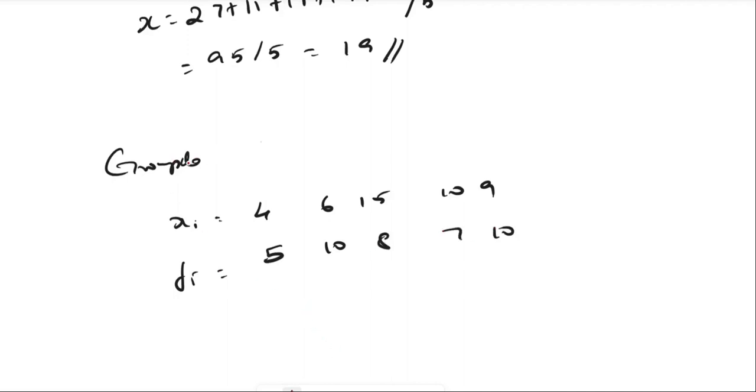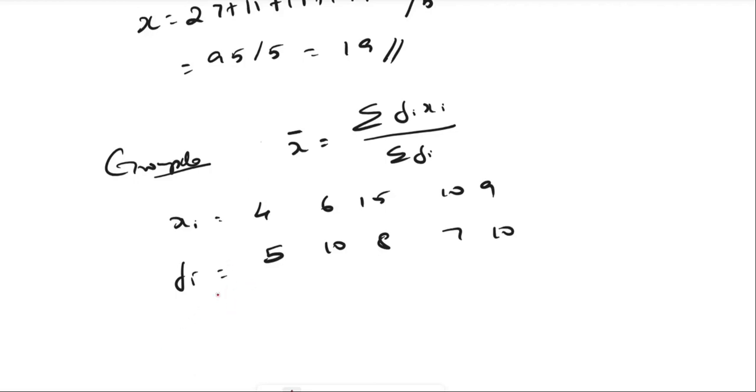When we go for this grouped functionality, kindly observe how we calculate the mean value: the summation of the product of fi and xi, divided by the summation of fi, that is the frequency. Here xi is the observation, and fi is its frequency.